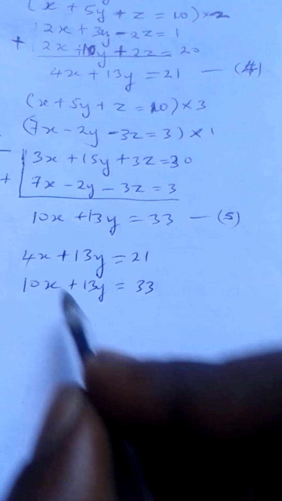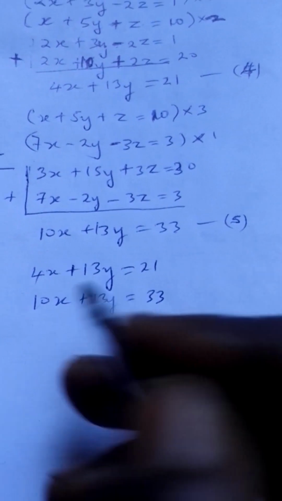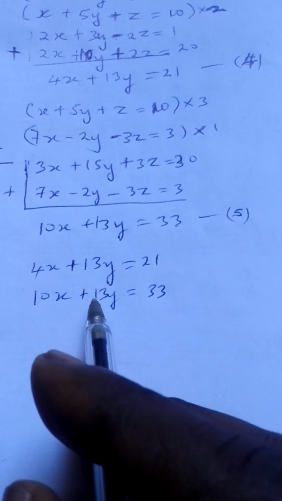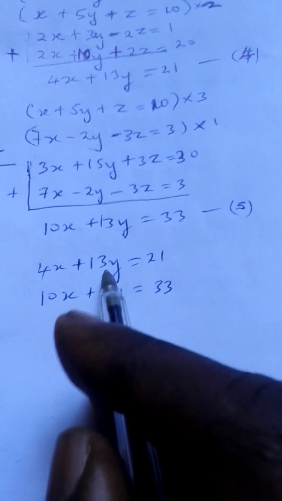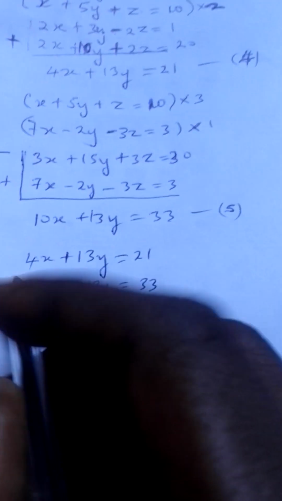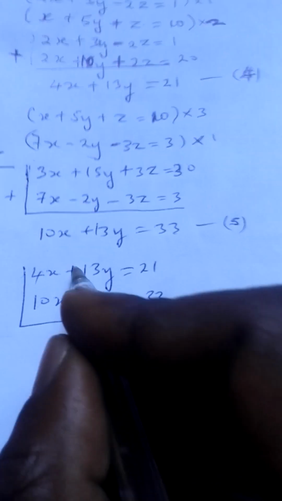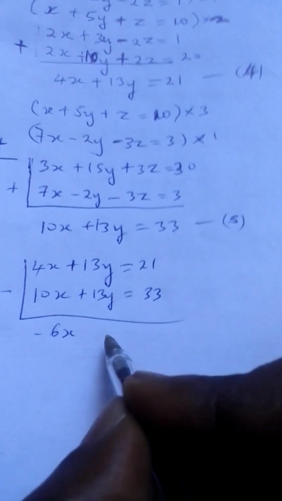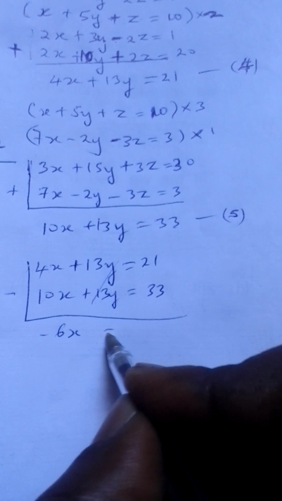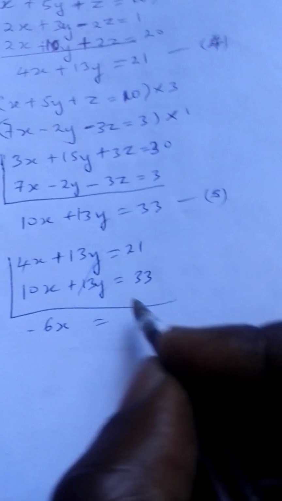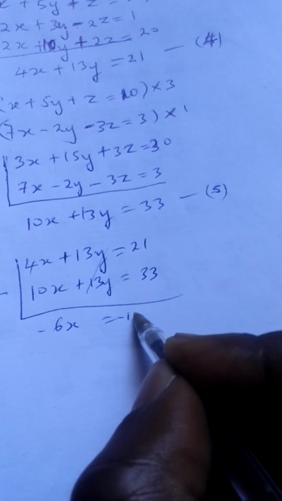So now, what are we going to choose to eliminate here? We're going to eliminate y, because y has got the same coefficient, 13, in both equations. Since the signs are the same, we're going to have to subtract. 4 minus 10 is negative 6x, the y goes, and on this side, 21 minus 33 is going to give us negative 12.